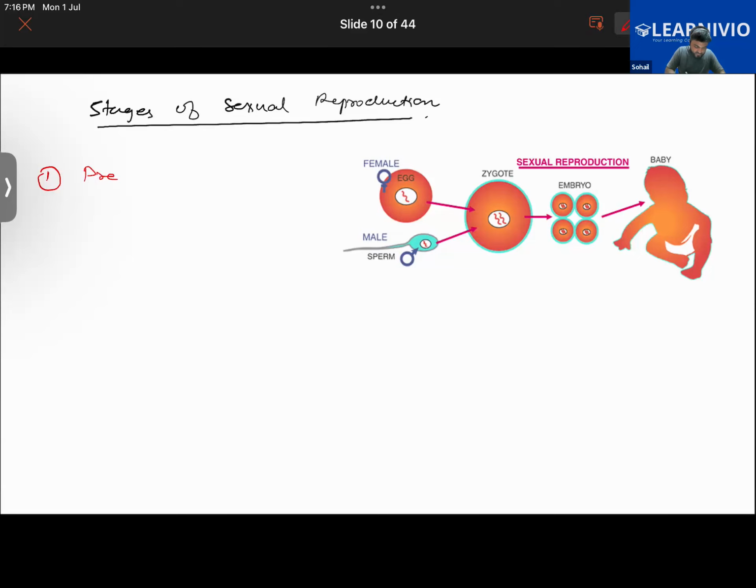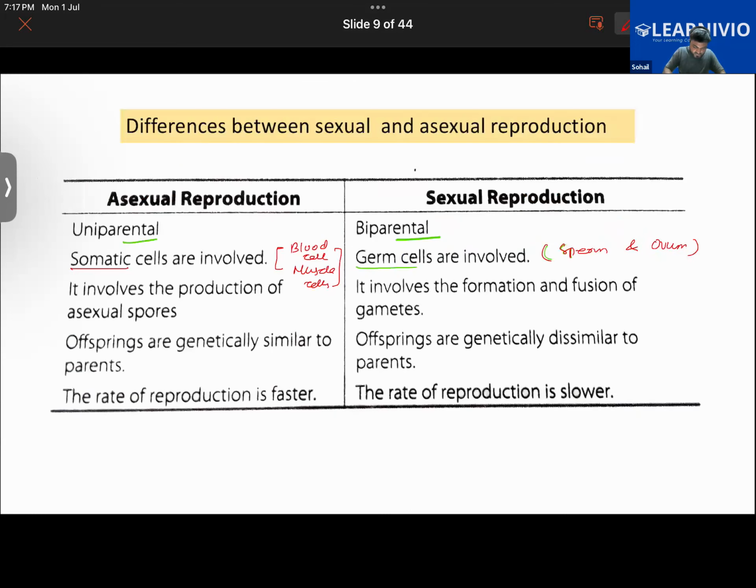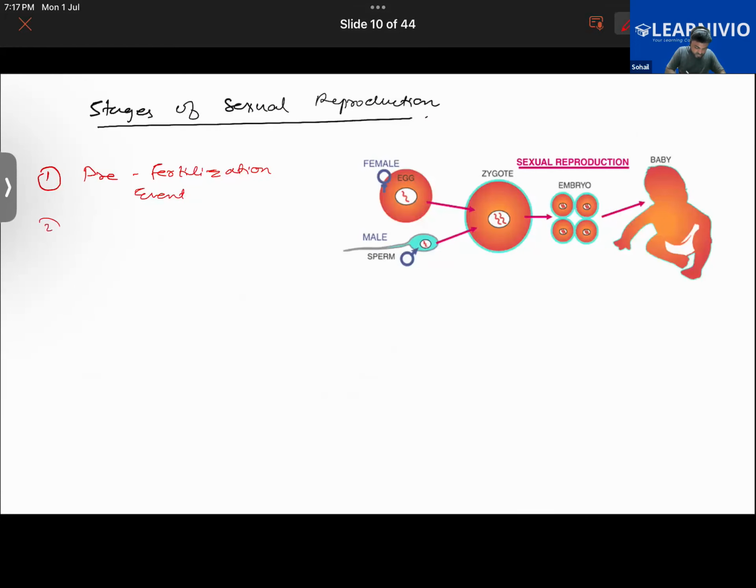First of all, you will write pre-fertilization event. Next, you would be writing about fertilization. Third would be post-fertilization event. Write down these 3 points.